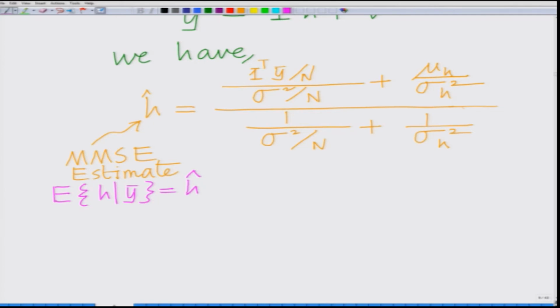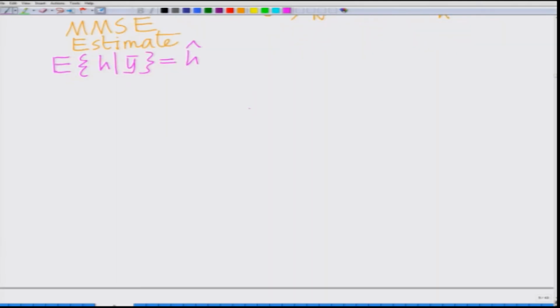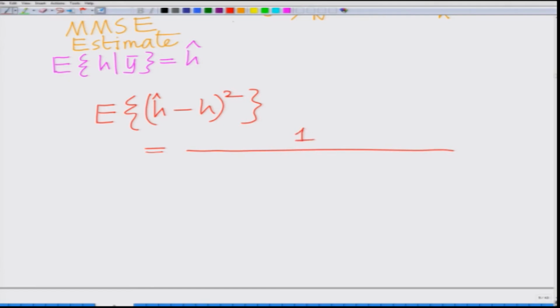Further, the variance, that is the mean squared error in this case, is the variance of the posterior, the expected value of h hat minus h whole square. We derived the expression for this in the previous module: it is 1 over sigma square divided by n plus 1 over sigma h square.